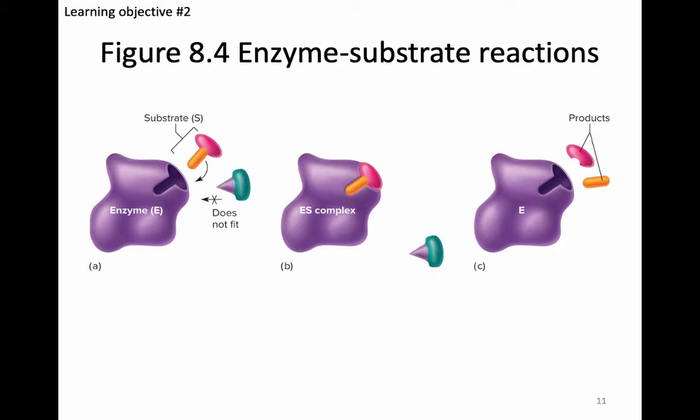So when the substrate and enzyme come into contact, the substrate binds to the enzyme at the active site, and the enzyme will then help the substrate to form into products, which in this case means the substrate is broken up into two molecules. When the products are formed, they will be released from the active site, and then the enzyme can go and bind another identical substrate and catalyze that substrate to be formed into products.